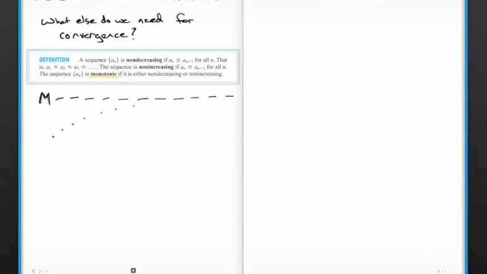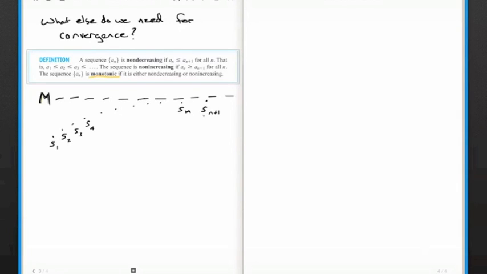And if these dots that I'm drawing in here represent my partial sums, so this is S sub 1, and this is S sub 2, and this is S sub 3, S sub 4, S sub n, and S sub n plus 1.